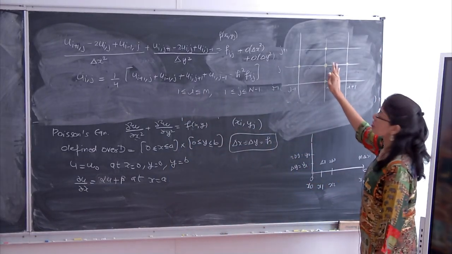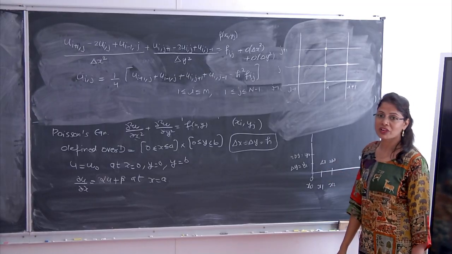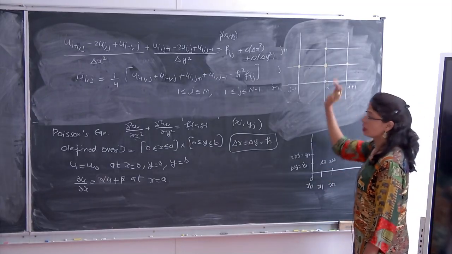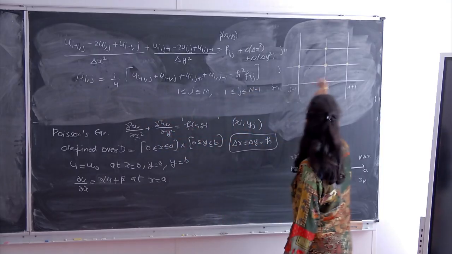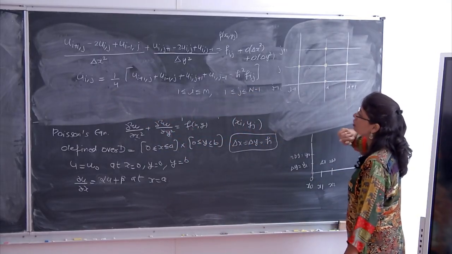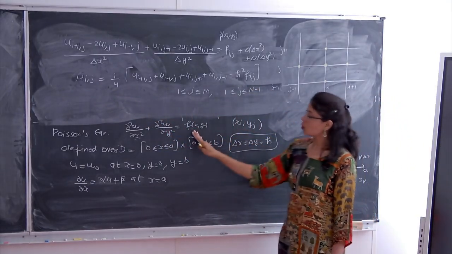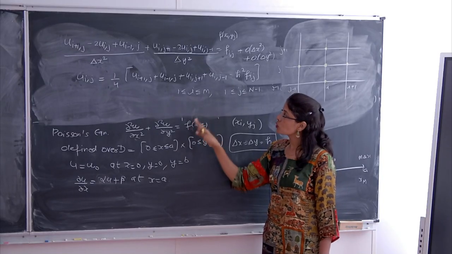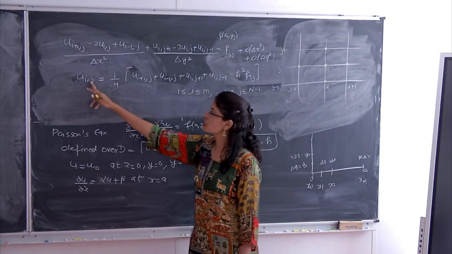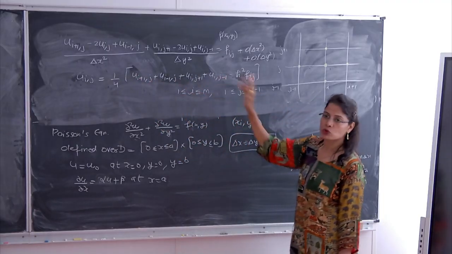So this is called the standard 5-point formula, because here we are involving a total of 5 points and this point is depending on all these points. If we talk about the Laplace equation and your f function is 0, so clearly your u_ij is depending on all these 4 points.